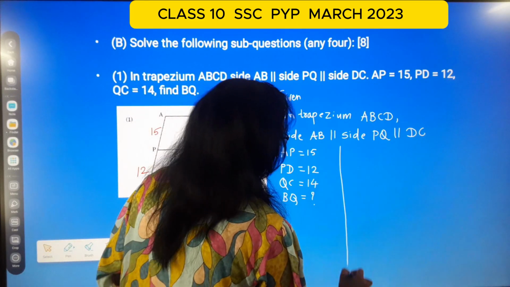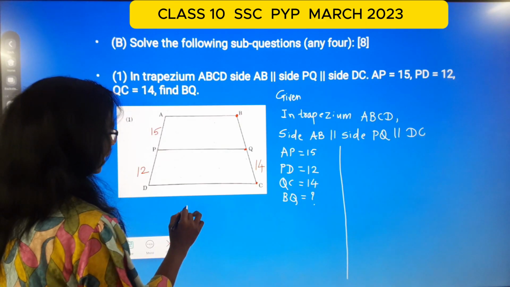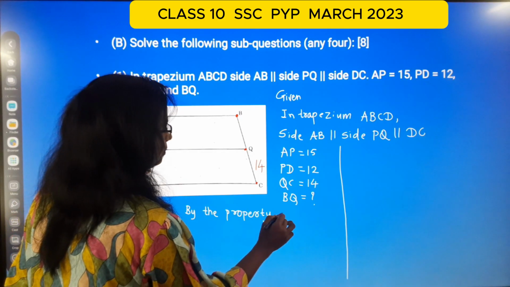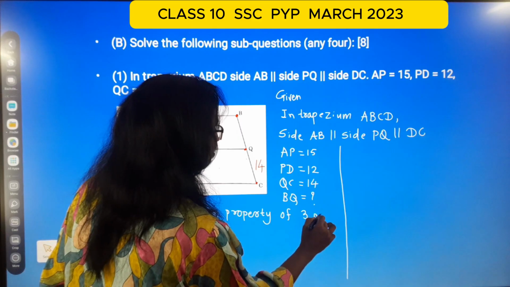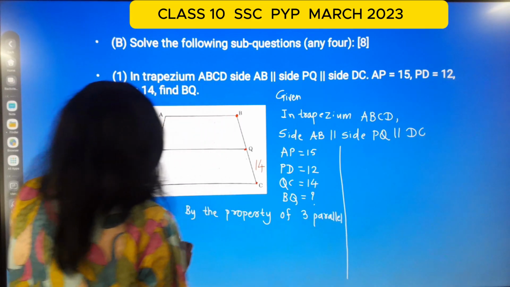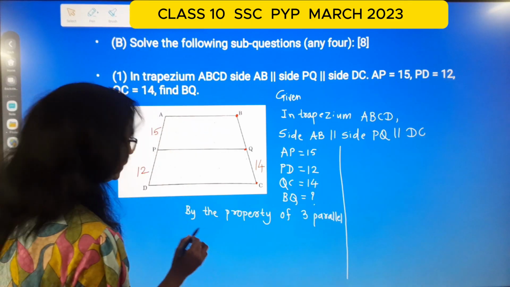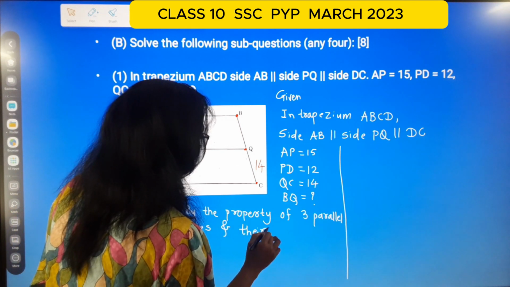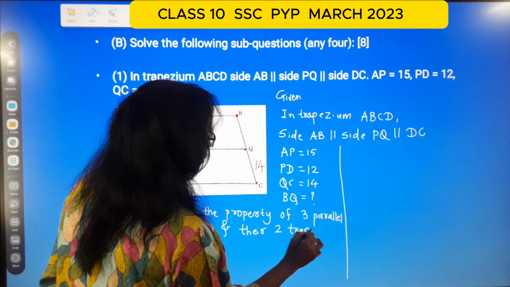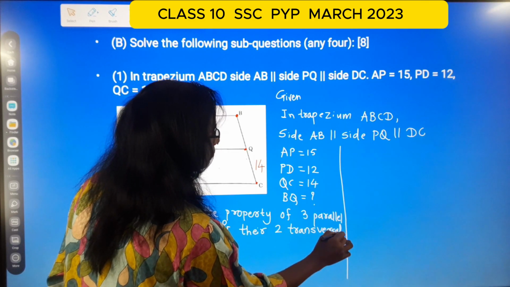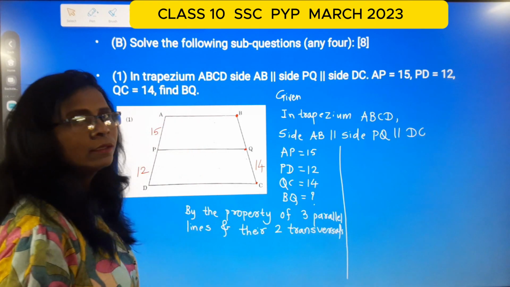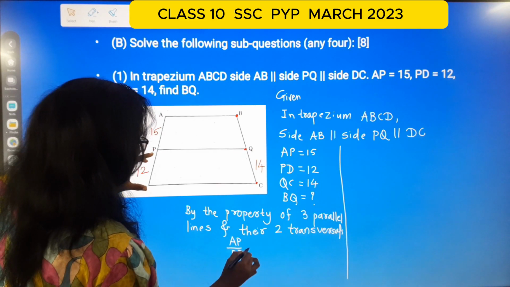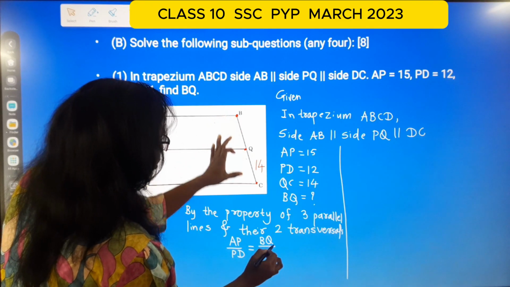Now I write that by the property of three parallel lines and their two transversals, we get the ratio AP upon PD is equal to BQ upon QC.